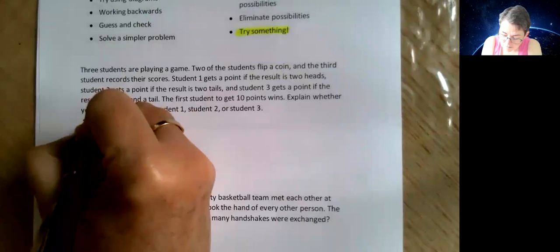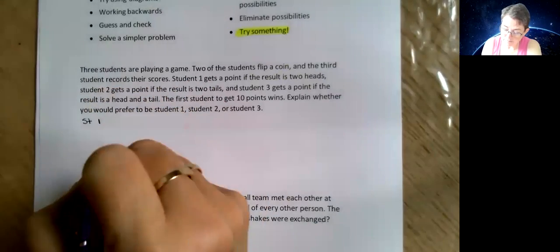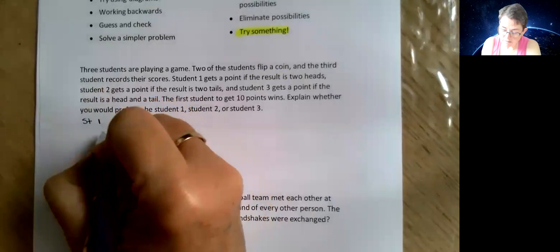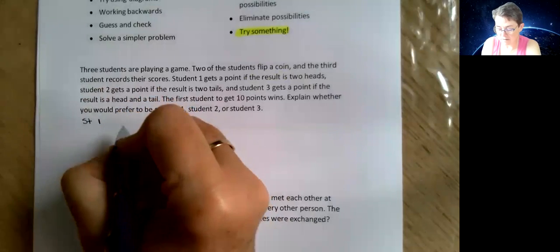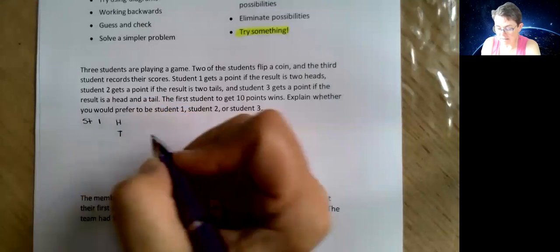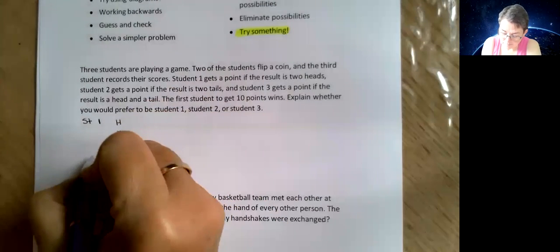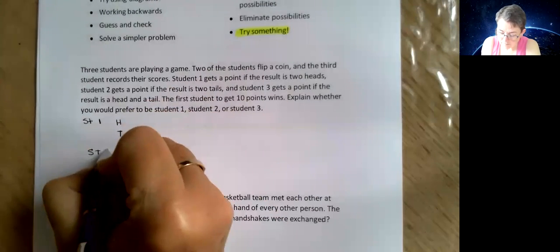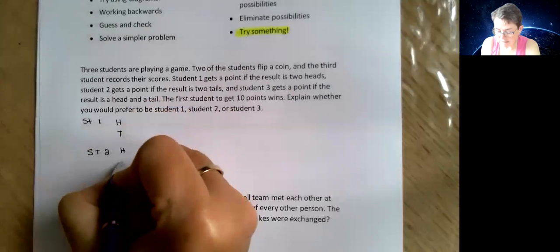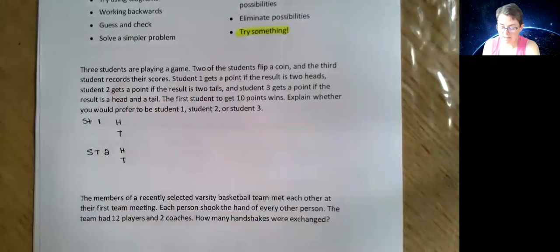So, student 1 flips a coin. He's going to get heads or he's going to get tails. Student 2, when he flips his coin, is going to get heads or tails. So how many different variations can we get?